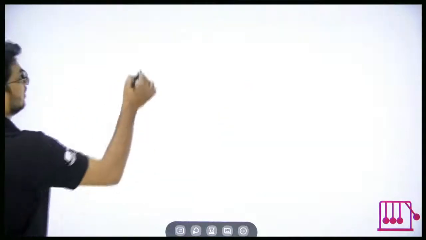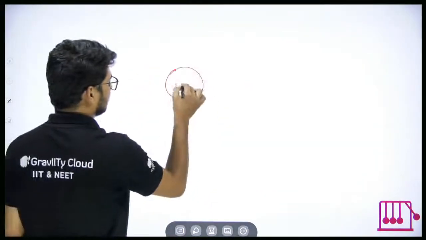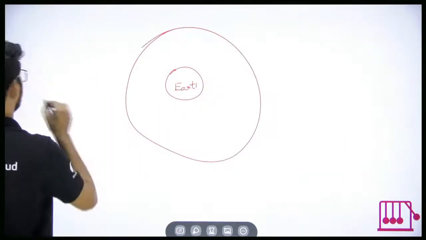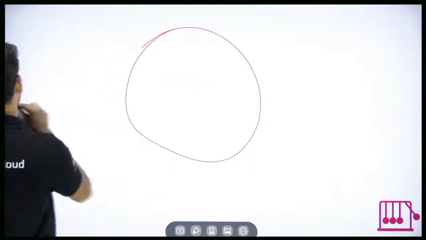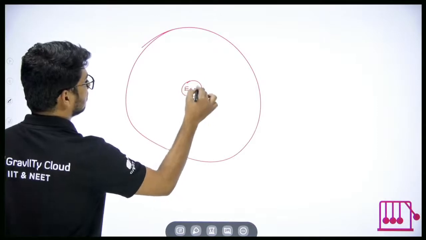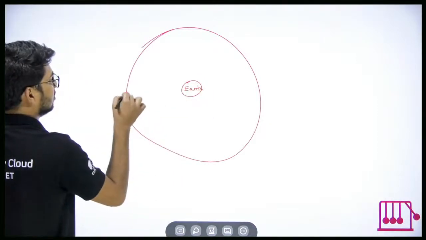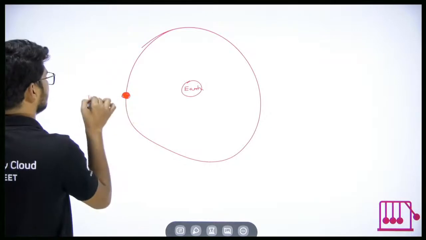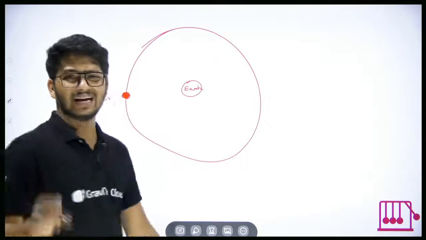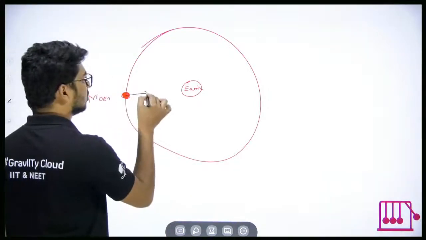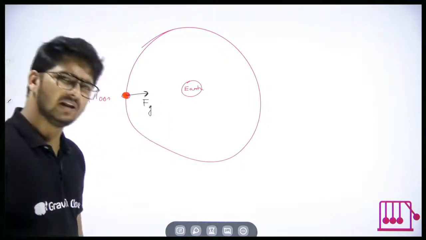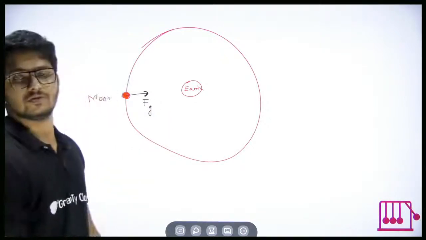Let's say this is Earth, and let's say this is the moon. Now Earth applies only one force on the moon, and which force is that? That is the gravitational force. Only one force.